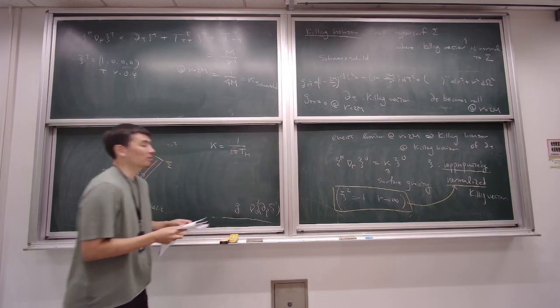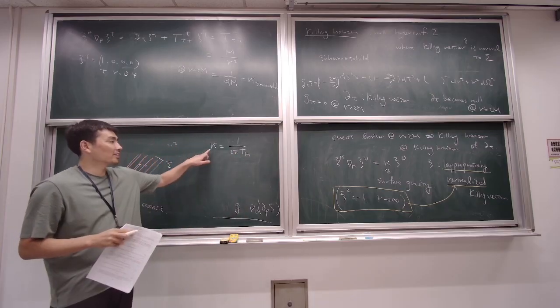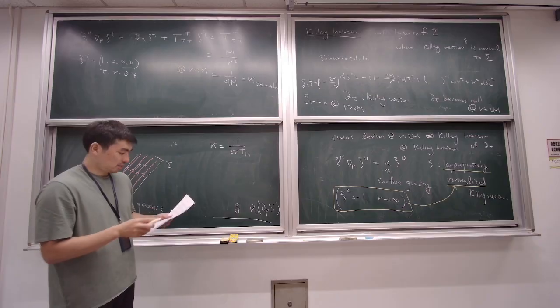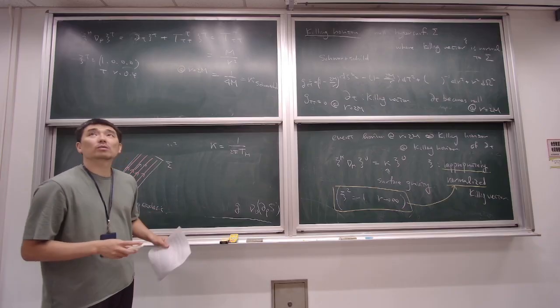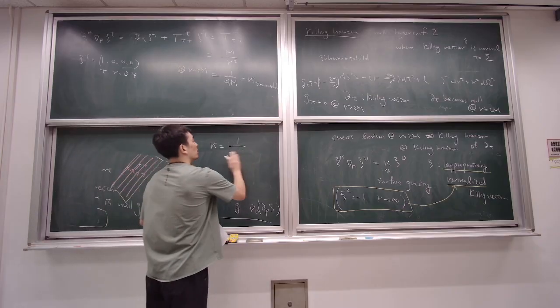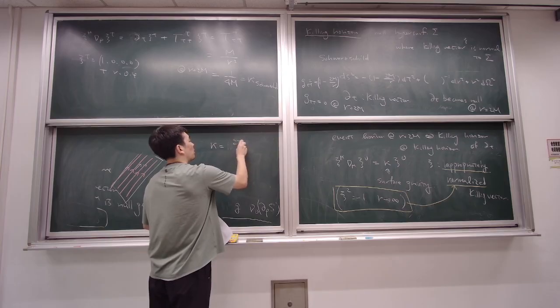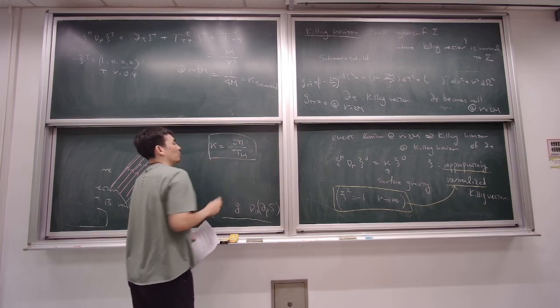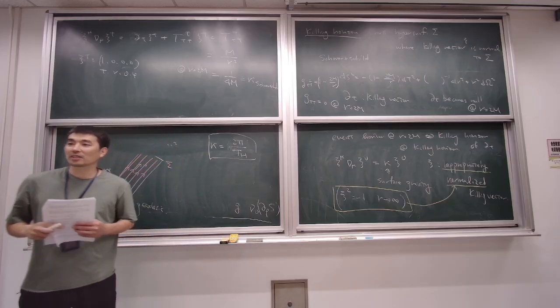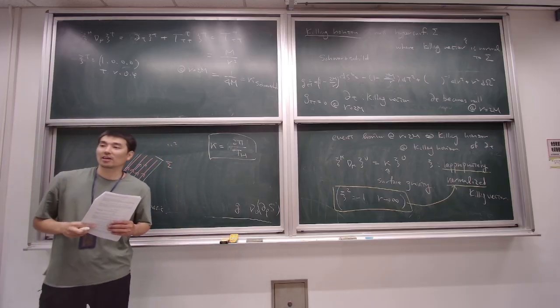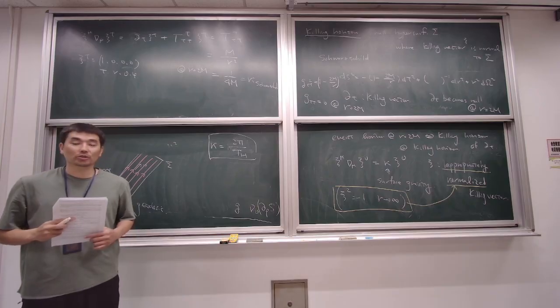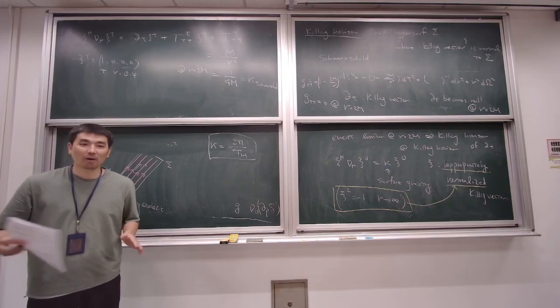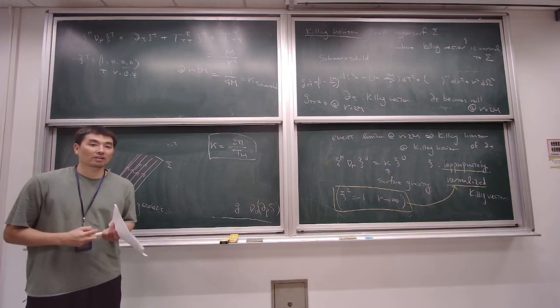So later, we will use, wait, sorry, 2 pi and Hawking temperature. So later, we will see the surface gravity is 2 pi over the Hawking temperature, but that's the later part of the thermodynamics and so on.